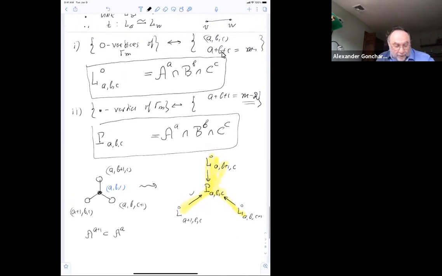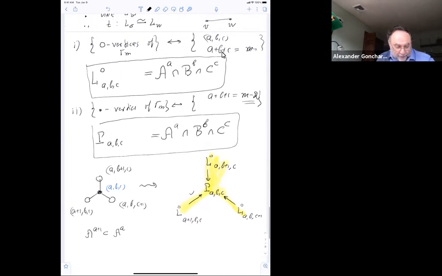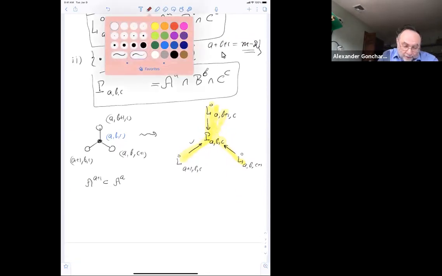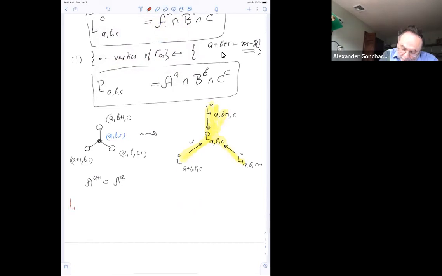But we still want to have a line over the black vertex, not a plane, and so we introduce the line in the following way. The line attached to this black vertex is the kernel of the natural map from these three lines assigned to the white vertices to the plane.